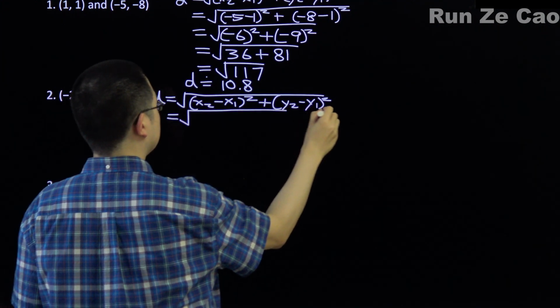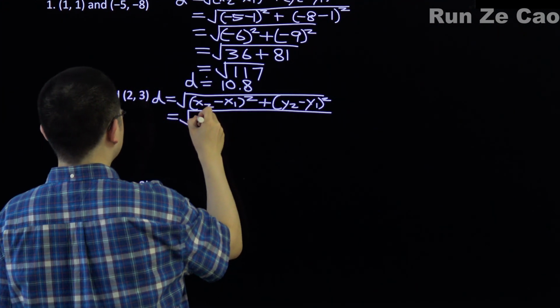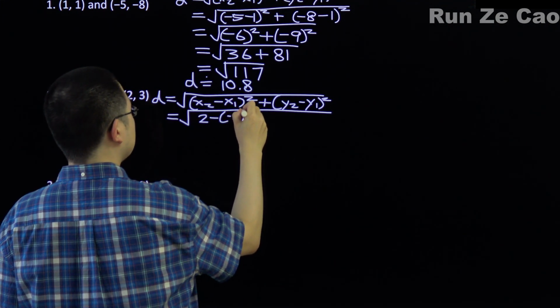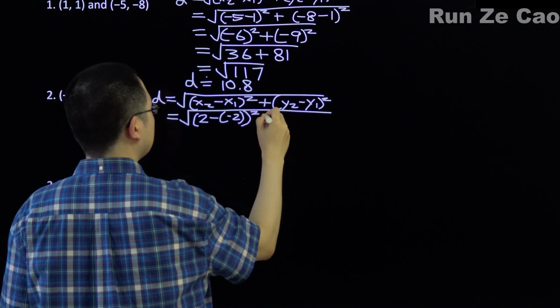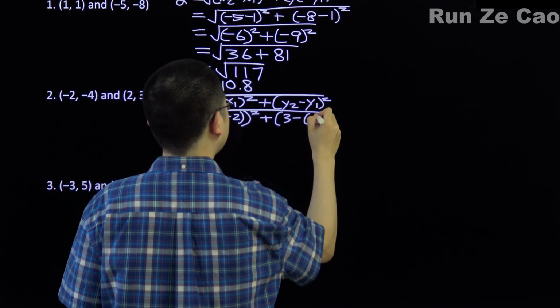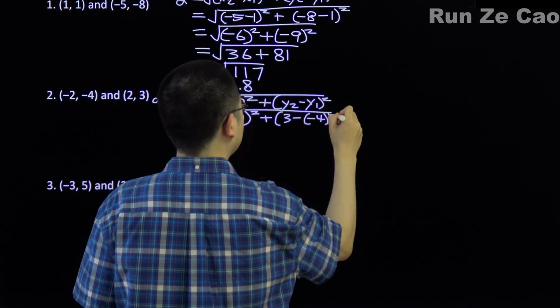So that's root of x2 is 2 minus -2 squared plus 3 minus -4 squared.